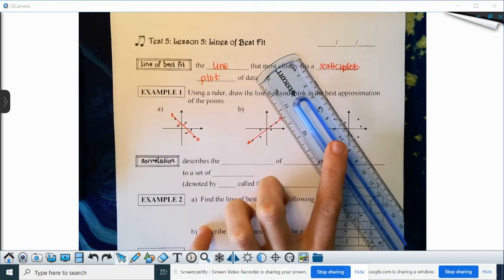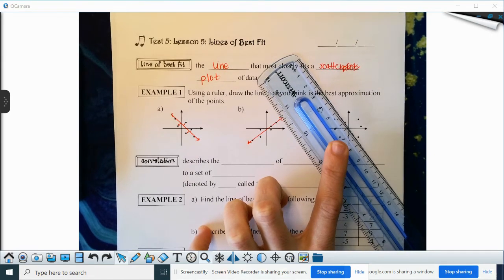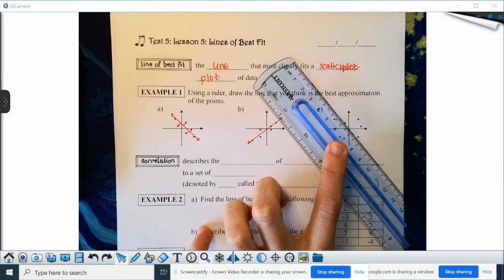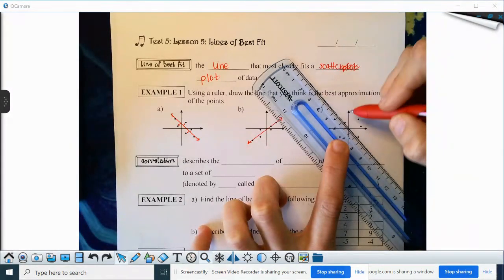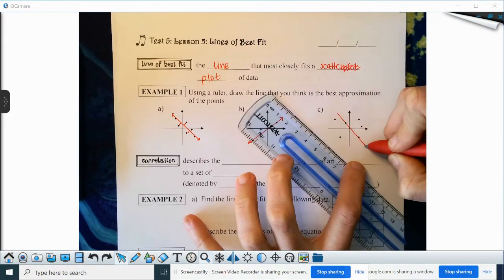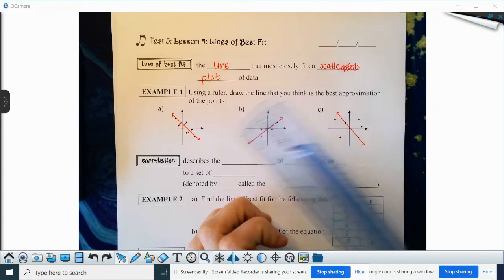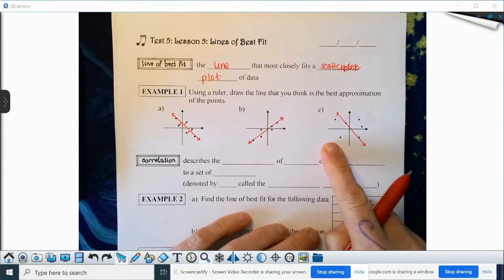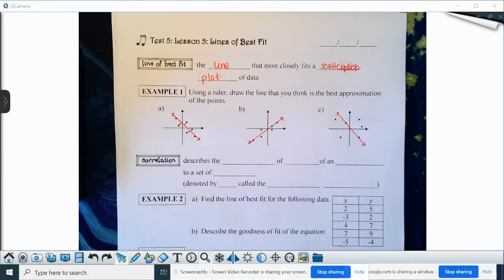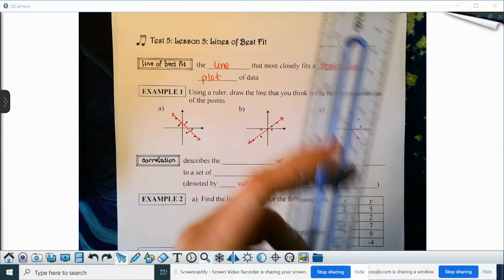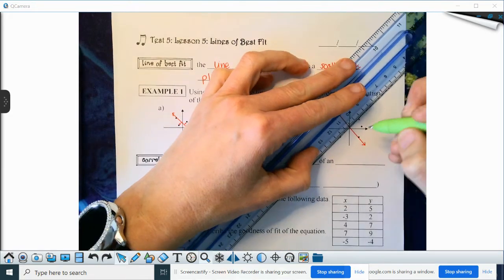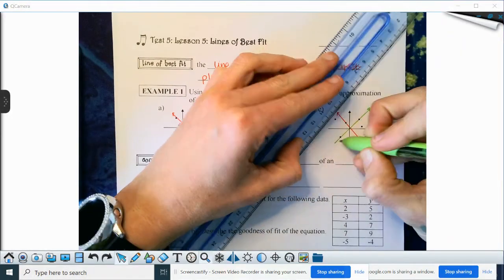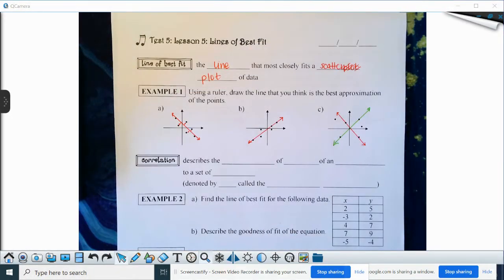So in this case, I'm going to go this way. But realistically, hopefully somebody's looking at what I'm doing and you might wonder, why could you not go this way? Because that's 2 dots and there's 2 below and there's 2 above.